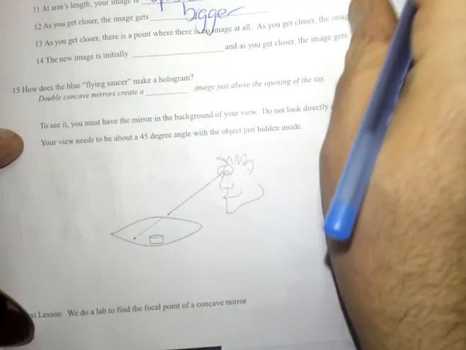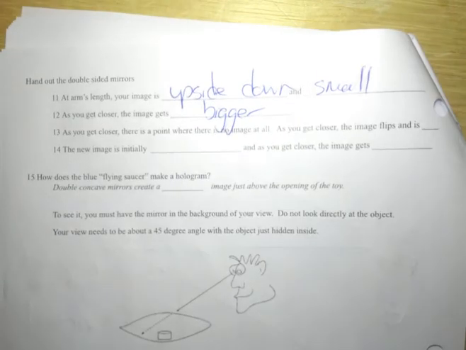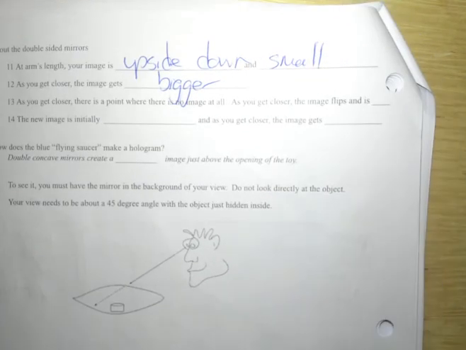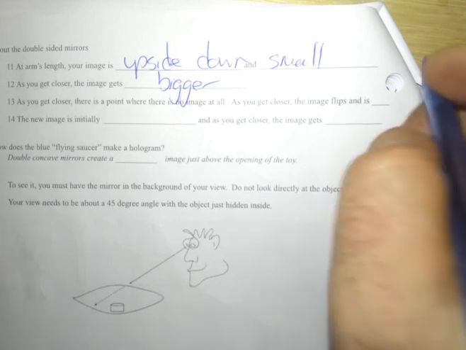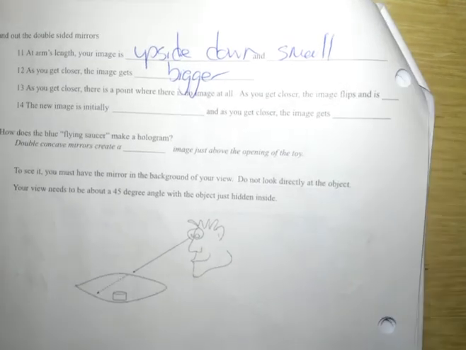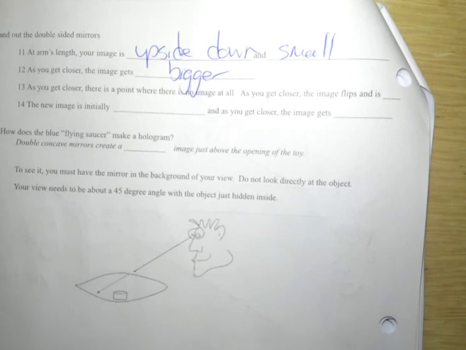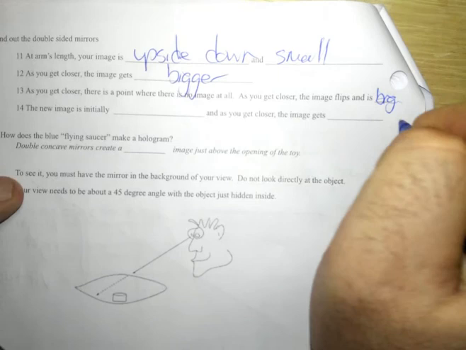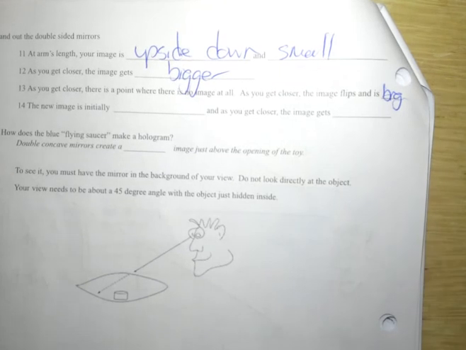As you get closer, there's a point where there's no image at all. That's at the focal point. As you get closer from that, the image flips, and it's big. It's magnified when you get it up close like this.